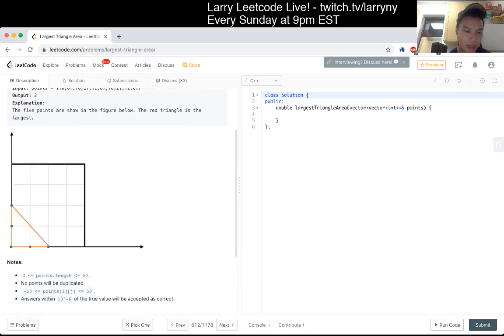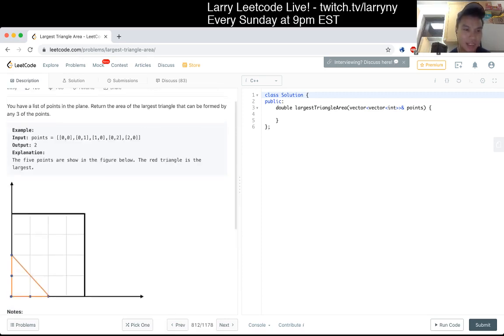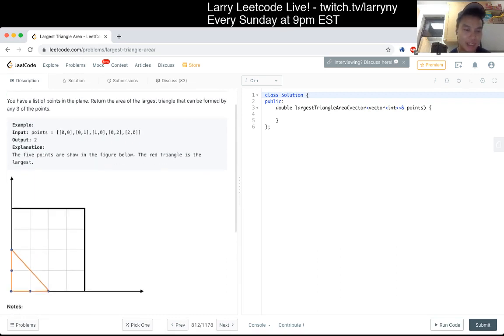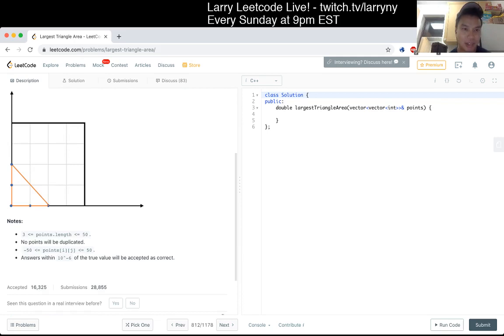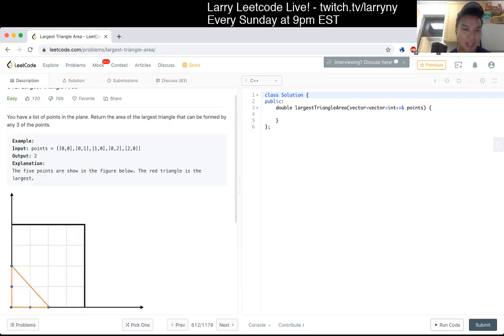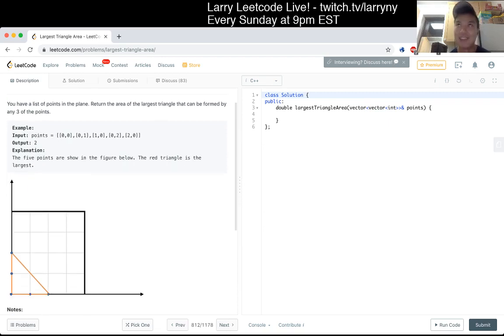Okay. I think the only thing here that's kind of weird as part of an interview question is you have to figure out how to do the area of a triangle, which is kind of annoying. How do you do it? Oh yeah, you just take the semiperimeter or something like that, right?